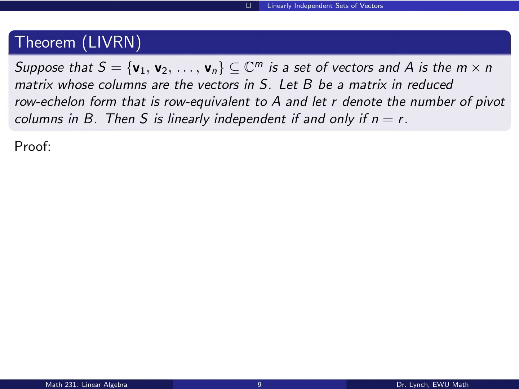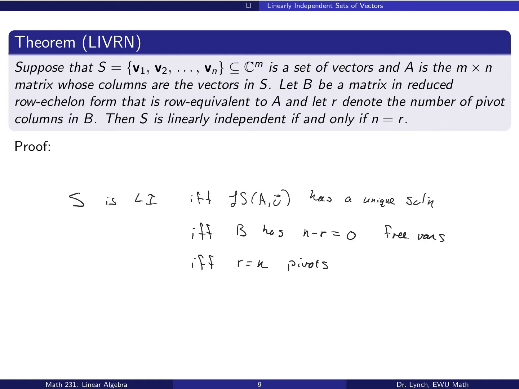The theorem is that a set S is linearly independent if and only if the matrix B in row reduced echelon form, where we've reduced the matrix A containing columns from the set S, has r pivots. Okay, so the proof here is pretty cool. It's a sequence of equivalent statements. So let's just go ahead and go through that.